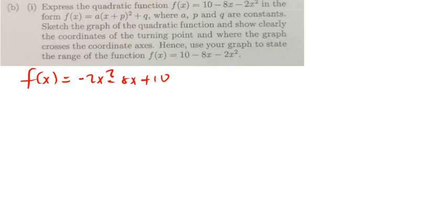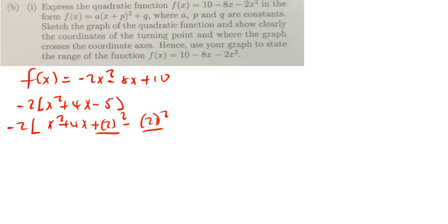I'll remain with x squared plus 4x minus 5. The next thing, the completing square method, you get half of this. So I'll say plus 4x plus half of that is 2 squared minus the same thing. What you have done here is exactly what you have to do there. Then minus 5. So it will be negative 2.